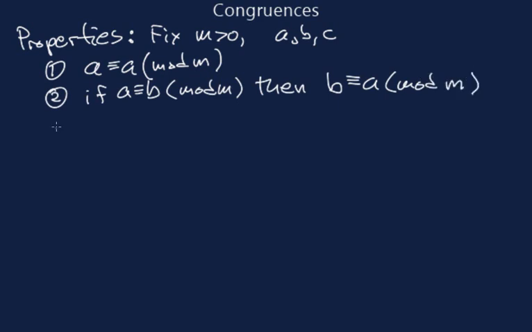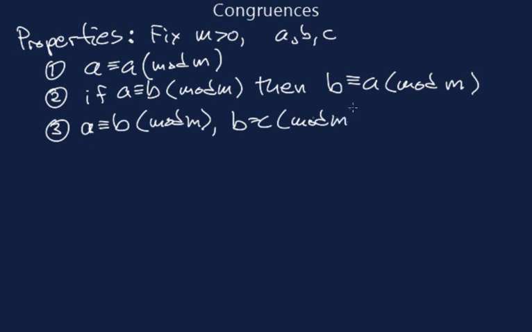They hold for this notion of equivalence. And if a is equivalent to b mod M, and b is equivalent to c mod M, then a is equivalent to c mod M.